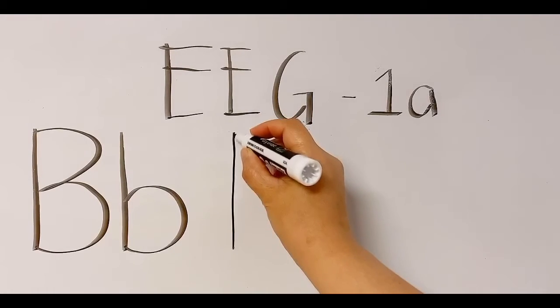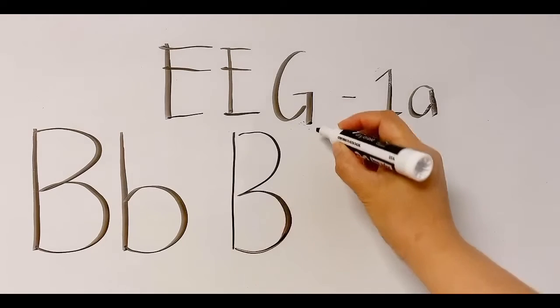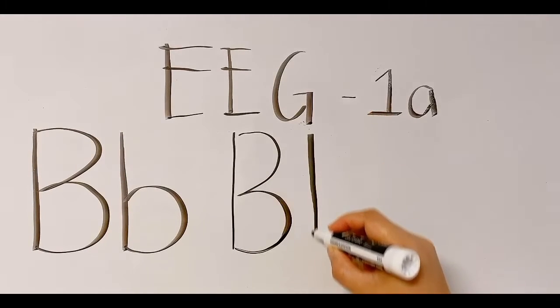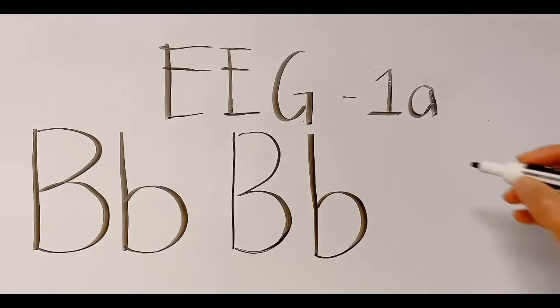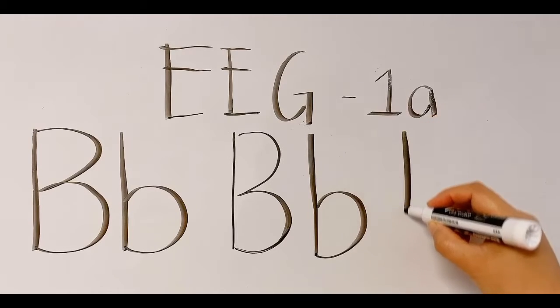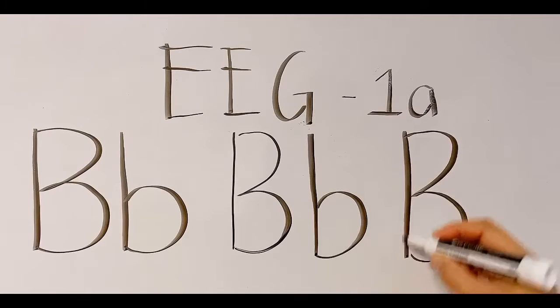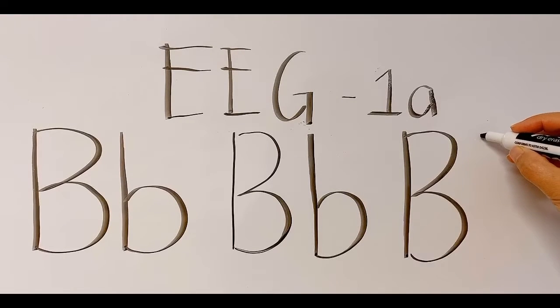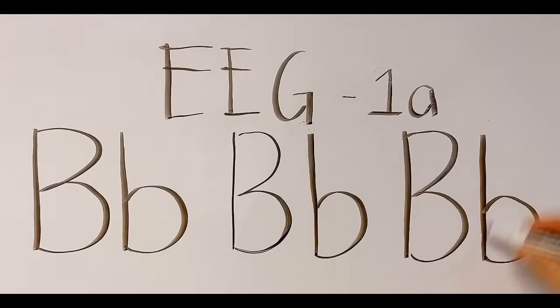Capital B and the small letter B. Okay, can you follow? Again, capital B and the baby letter B. Okay, all right, good.